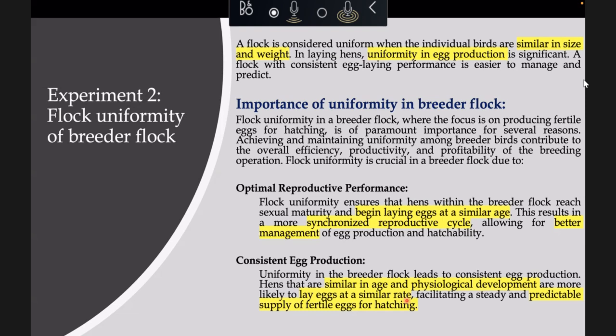So it will facilitate a steady and predictable supply of fertile eggs for hatching. So we will be able to predict, if we have 10,000 breeder laying birds, how many fertile eggs we are going to make in the upcoming month or the second month, etc.